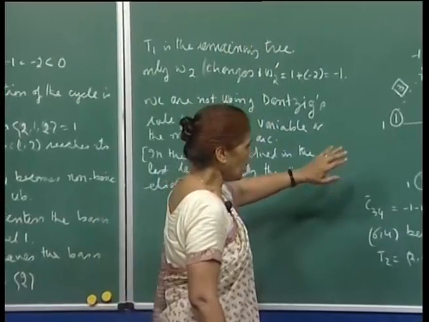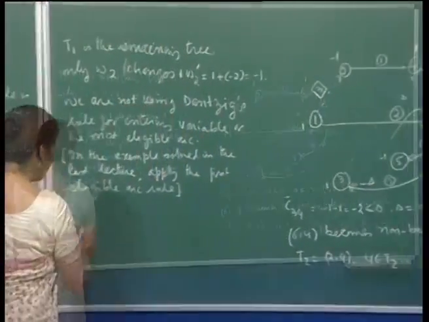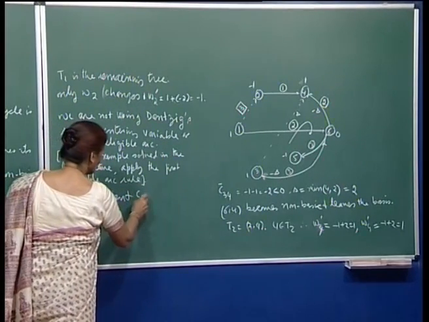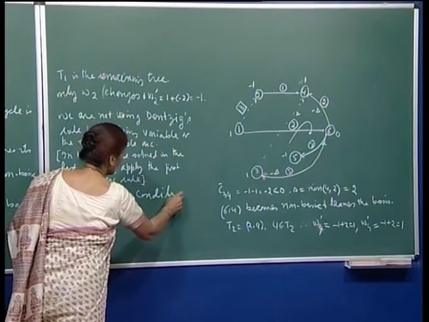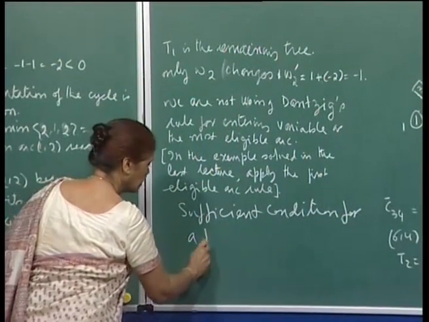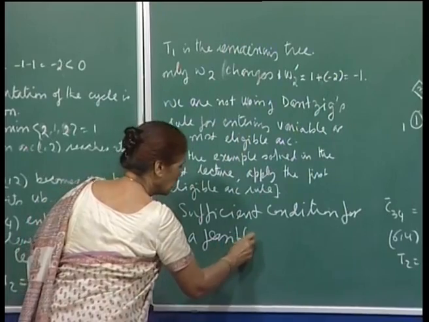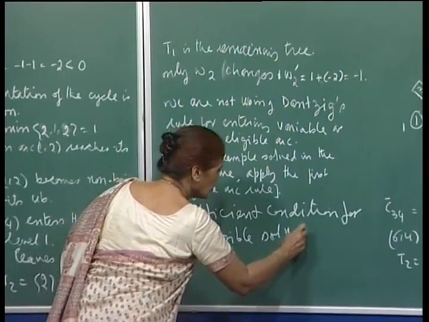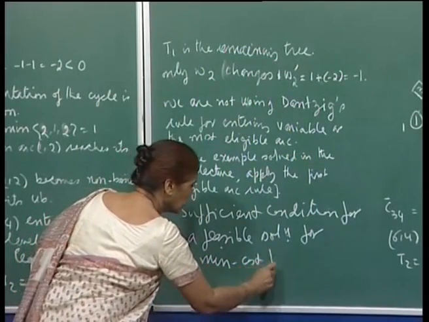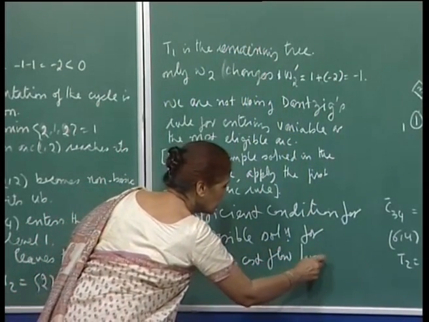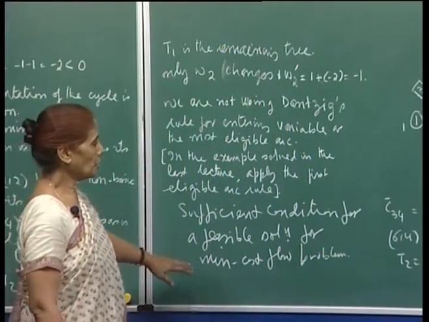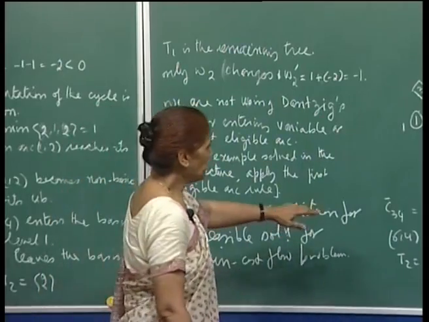So, I would like to give you a sufficient condition for a feasible solution for the min cost flow problem. This we will discuss once I have talked about the max flow problem.